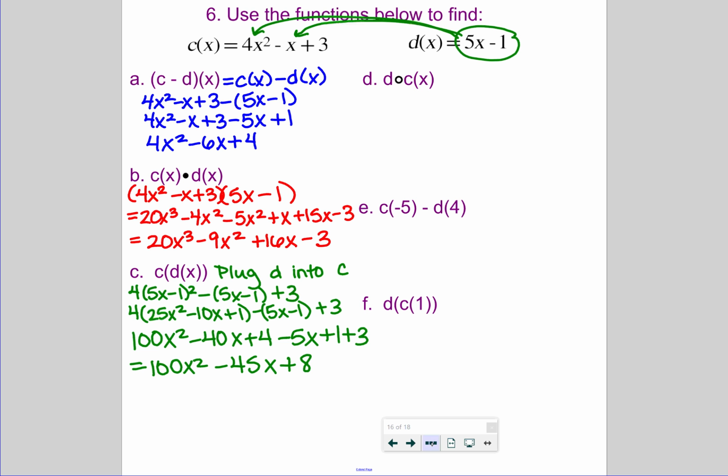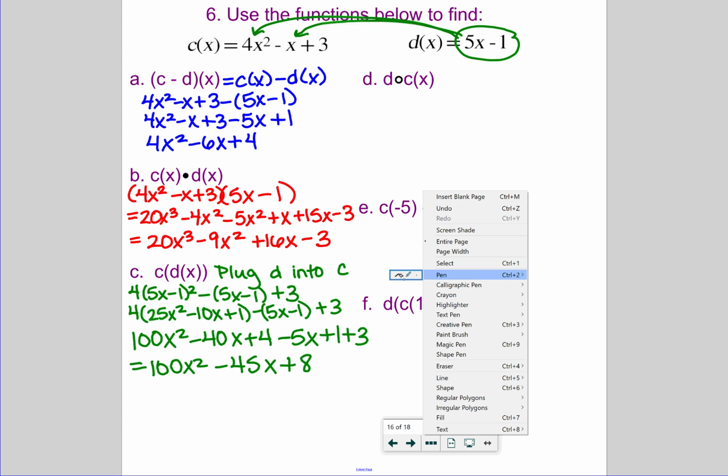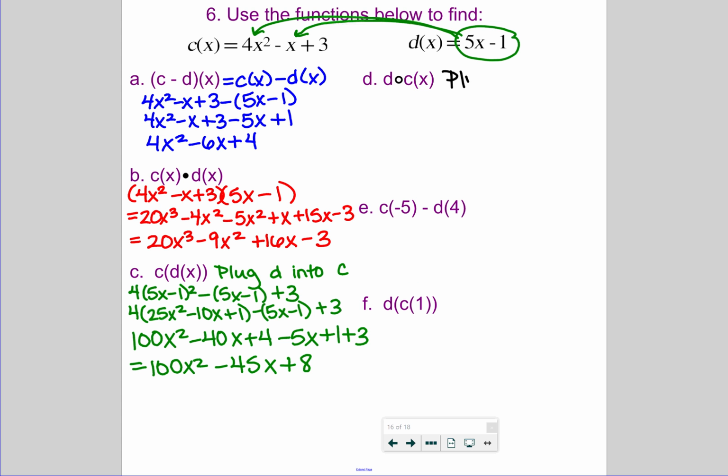On to part D is just the opposite. We are plugging C into D. Notice the open circle tells me composition, and you can always write it like this if you need to, with the double parentheses. So C into D will be all of function C into function D, where I see that x.